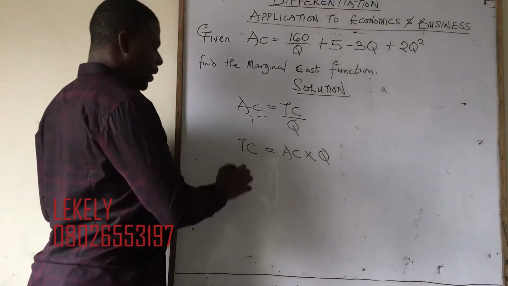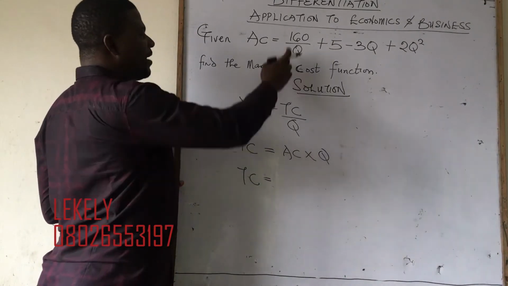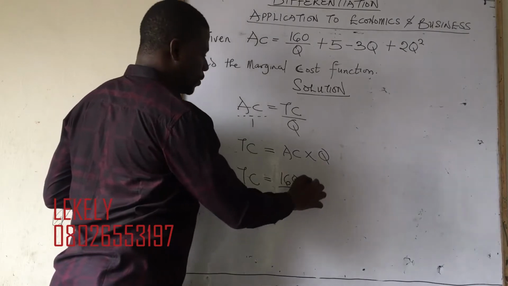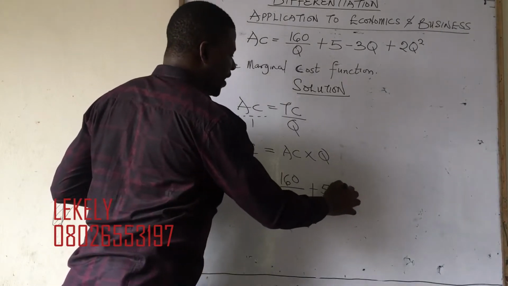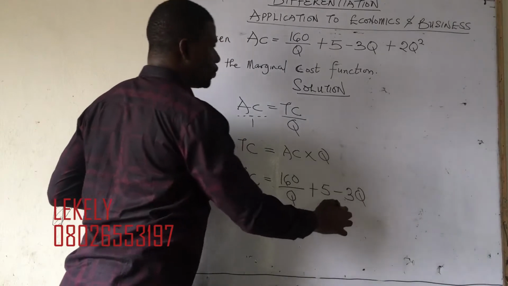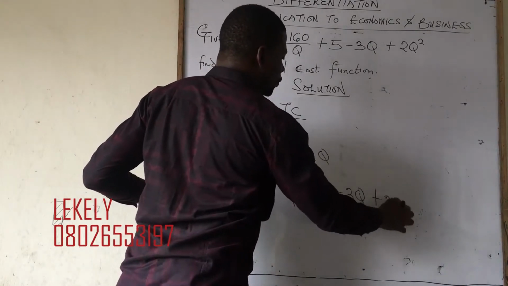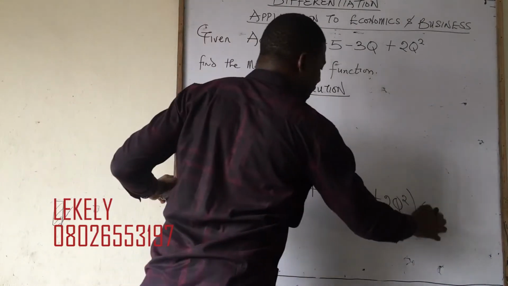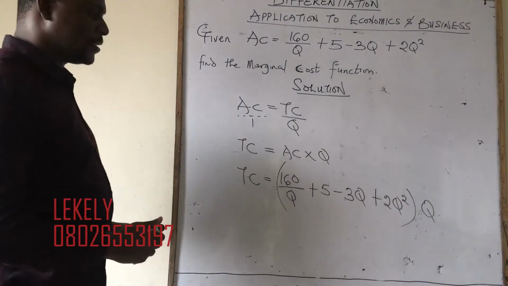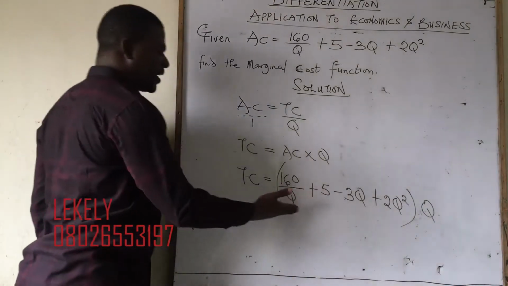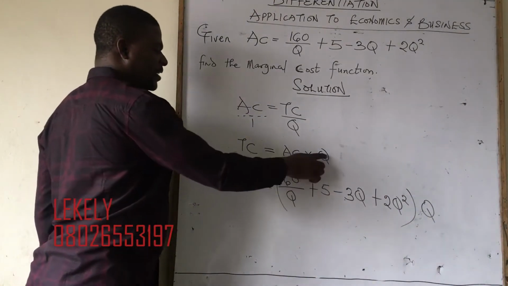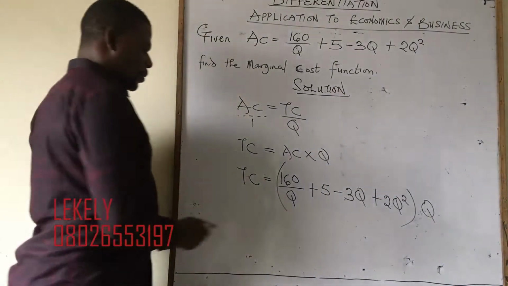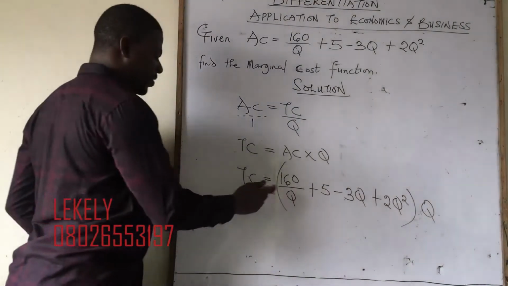Then your total cost will be my average cost, which I already know, 160 over Q plus 5 minus 3q plus 2q squared, multiplied by Q. The whole of what is in this bracket is your average cost, and you use this Q to multiply everything here.